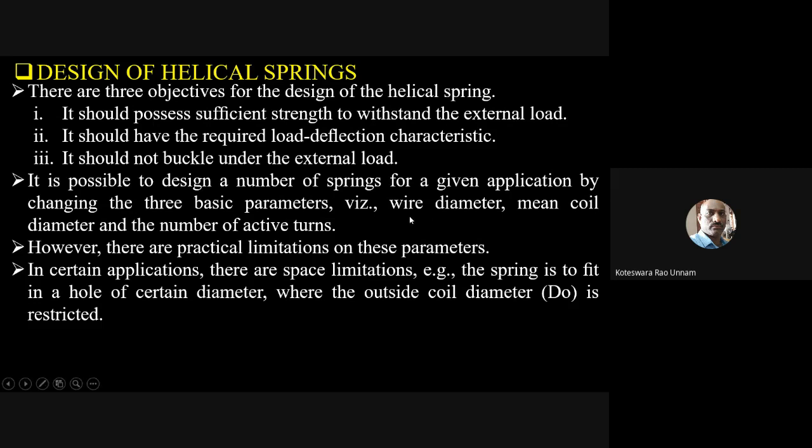So if I fix that, your wire diameter will also depend on it. That's why there are some limitations. You cannot choose the wire diameter, mean coil diameter, and number of active turns as per our wish. There should be some limitations or restrictions on these diameters based on the given application.